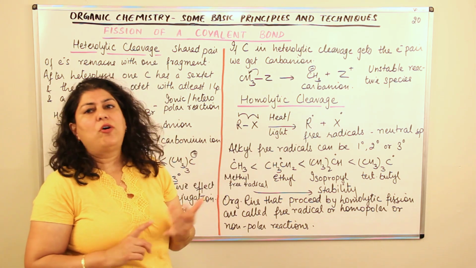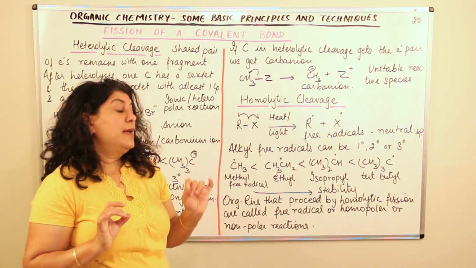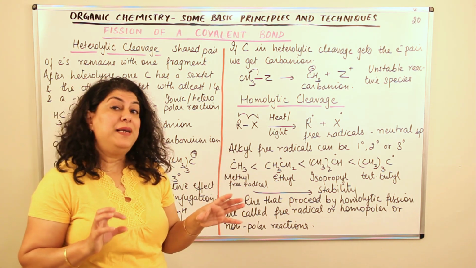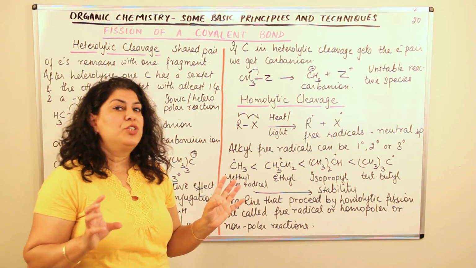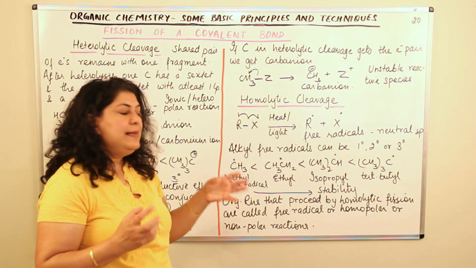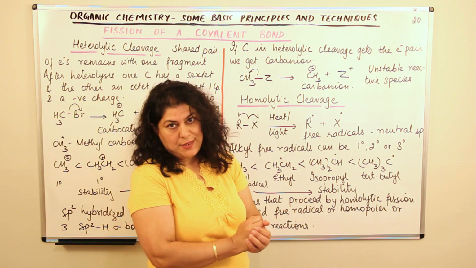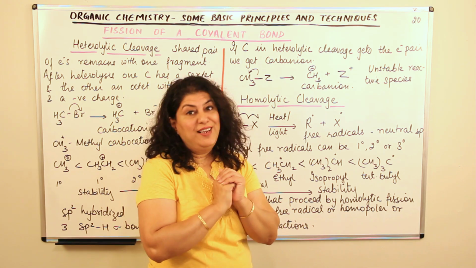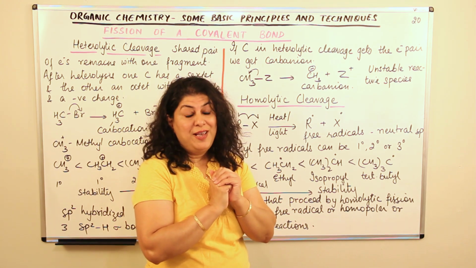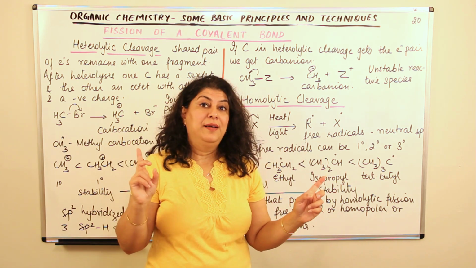Free radicals are not charged species, but their octet is not complete. So they are not satisfied species either. They are not stable. They badly need that 1 electron to complete their octet. So they will react, but they are not ionic in nature. They are neutral species. Remember the difference between a free radical and an ion.